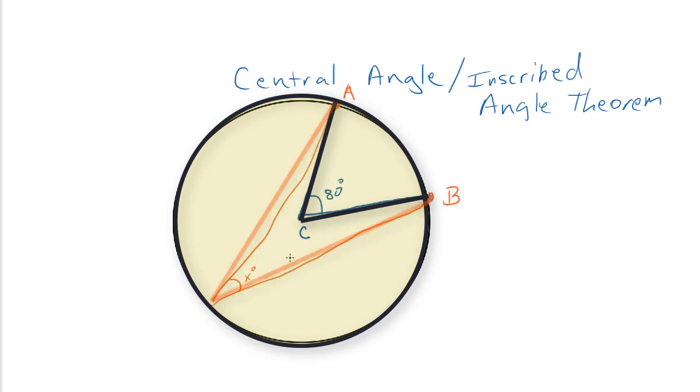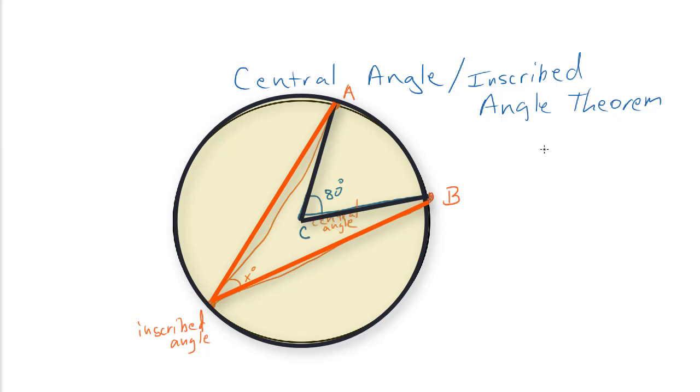And suppose I had another angle in orange that was x degrees, and we would call this one with a vertex on the surface of the circle an inscribed angle. And there are multiple inscribed angles anywhere I put that vertex on the circumference of the circle.